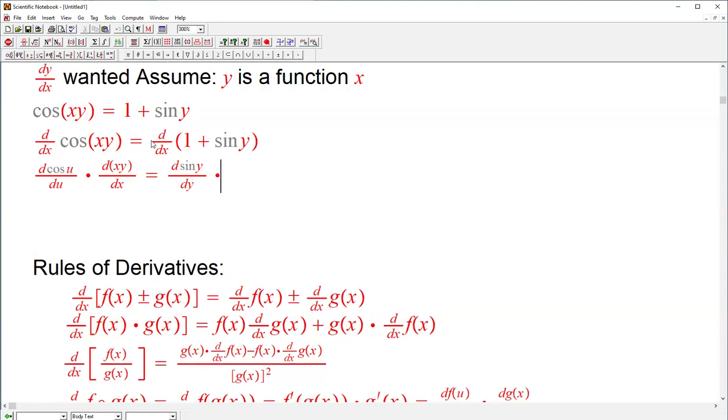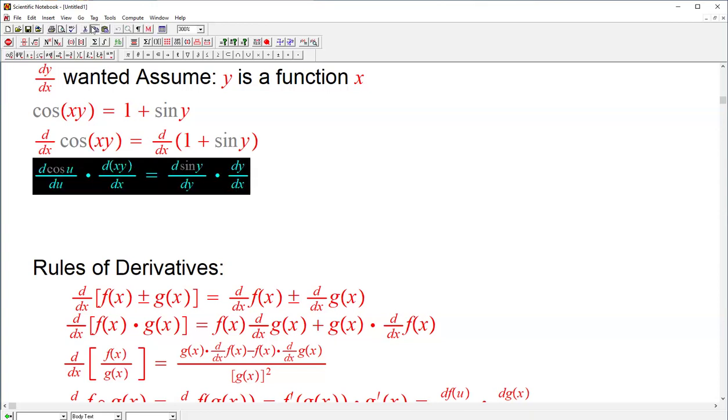So we're applying the chain rule to the derivative of sine of y. So here is going to be cosine y times dy dx, all right, chain rule, dy dy makes 1.